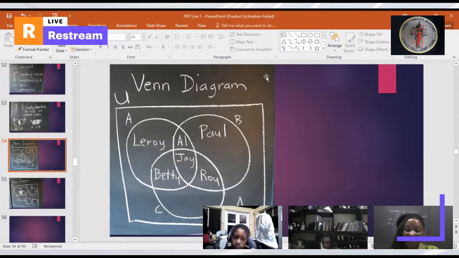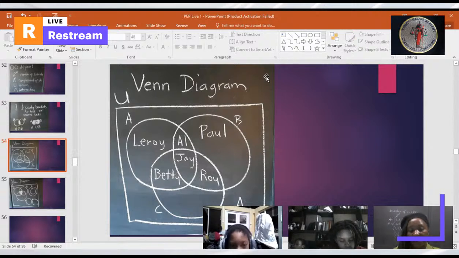Roy is not in A, no. So J and Roy would be the intersection of C and B. J and Betty would be the intersection of A and C. And J and Al would be the intersection of A and B. Do you agree? Do you see that?